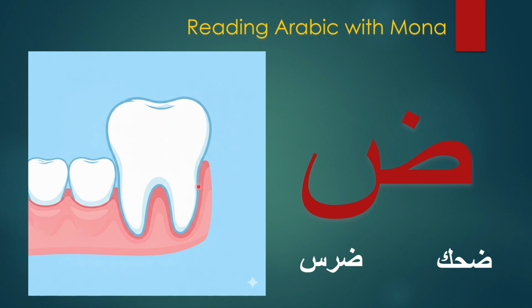And the ضرس with the rest of the teeth somehow form the shape of the letter Dhaad itself. I hope this is useful and that you will never forget the letter Dhaad.